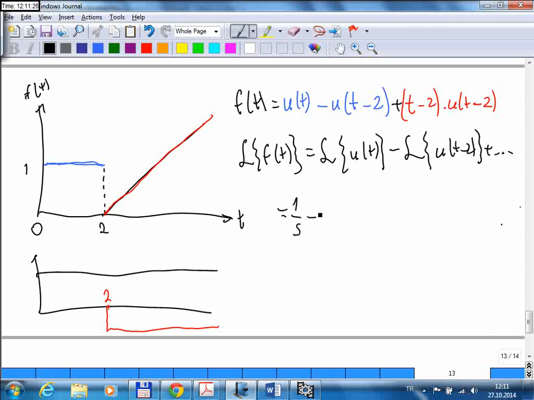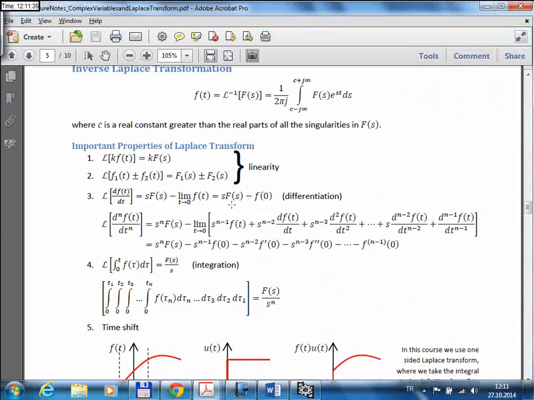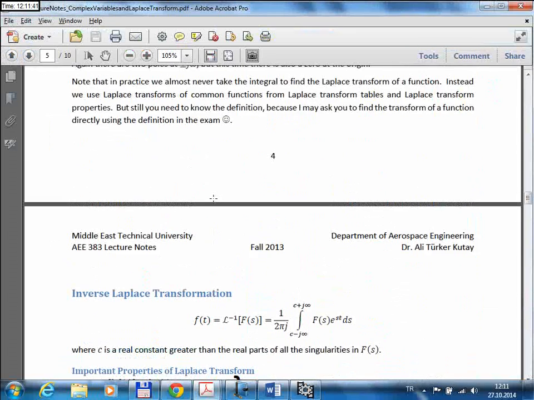Then I have the Laplace transform of the unit step function shifted by an amount 2 in the time domain. So let me refer to the time shifting property and write the result from there directly.